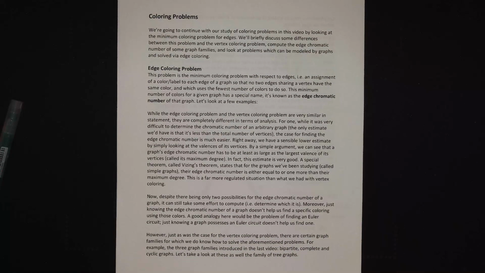So for example, the 3 graph families introduced in the last video: bipartite, complete, and cyclic graphs. So let's take a look at these as well as the family of tree graphs.